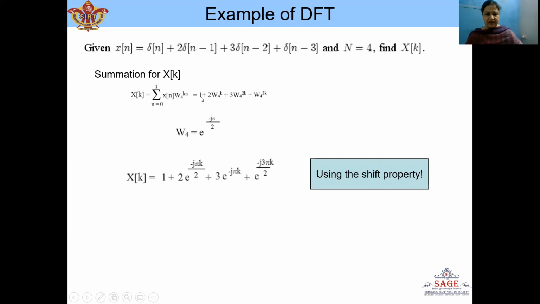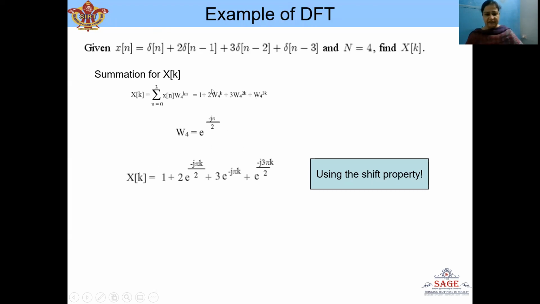Delta(n) has DFT 1, 2 delta(n minus 1) gives 2 W_4^k, because here we are using capital N as 4. Similarly, 3 delta(n minus 2) gives 3 W_4^(2k), and delta(n minus 3) gives W_4^(3k). Here we are using two properties of the DFT: one is the linearity property and the other is the shifting property.